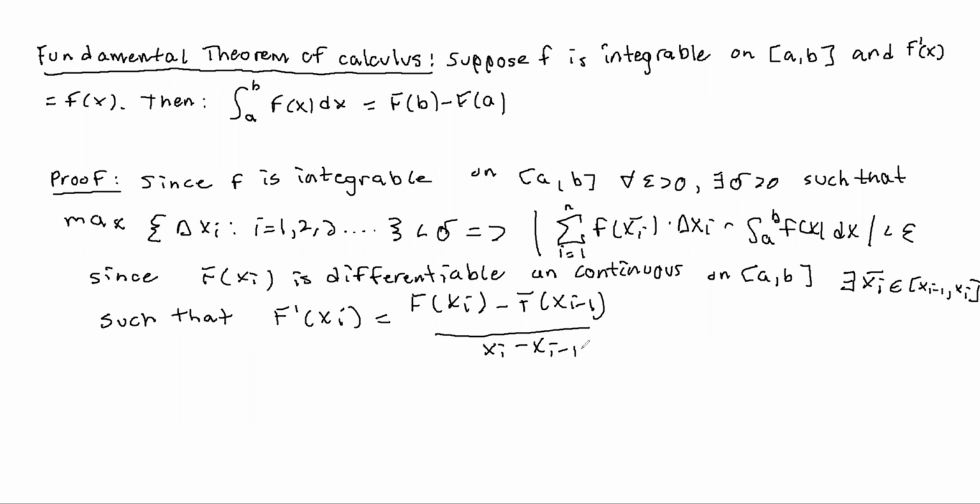So I'm going to multiply the denominator to both sides. So we get F prime of xi bar times xi minus xi minus 1 equals capital F of xi minus F of xi minus 1.